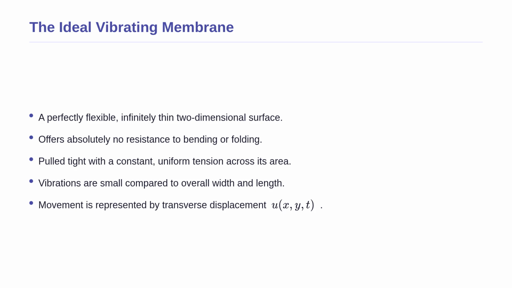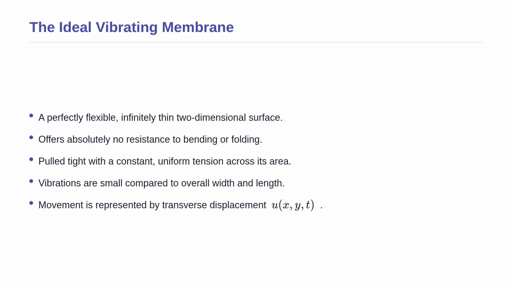Now that we know our topic, let us define what we mean by an ideal vibrating membrane. Why does this matter? Because real-world materials are messy, and to understand the core physics, we must strip away the complexities. We imagine a perfectly flexible, infinitely thin two-dimensional surface.